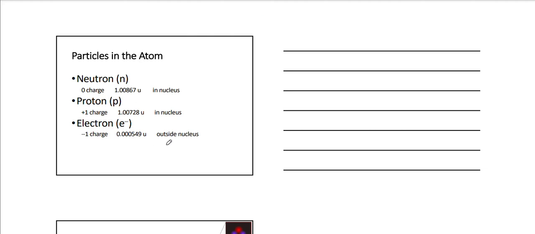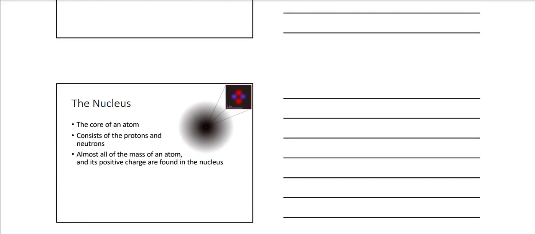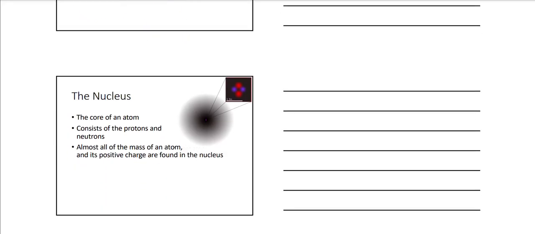That's why when we are looking at the mass of the atom, we always focus on the mass of the nucleus. The reason is that the electrons carry a very tiny mass, so they are very negligible when it comes to the total mass of the atom. Additionally, besides their small mass, electrons are small in size as well. We will get into the electrons in a second, but let's talk about the nucleus first.